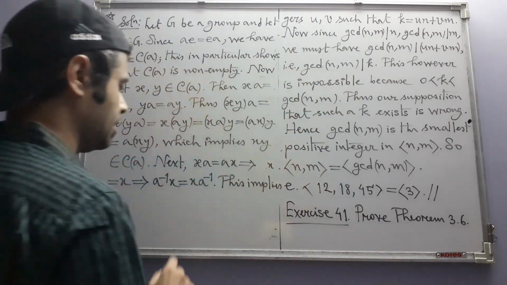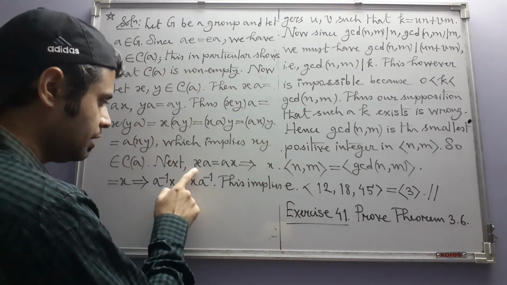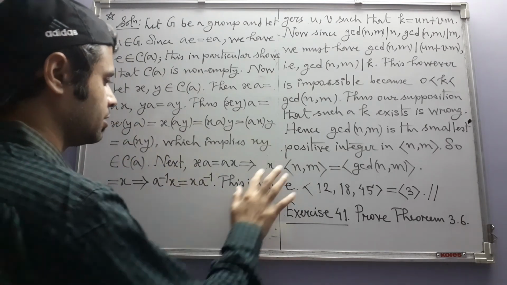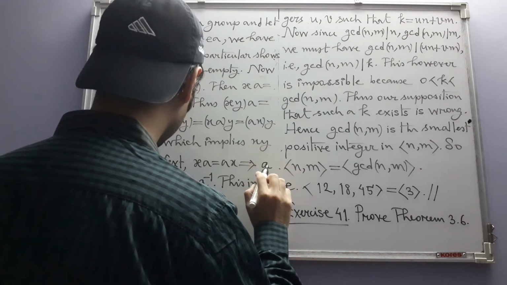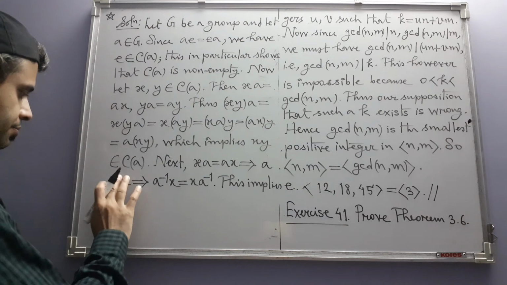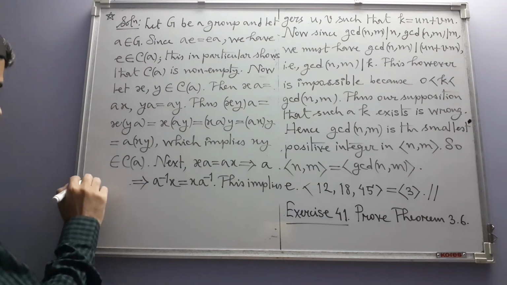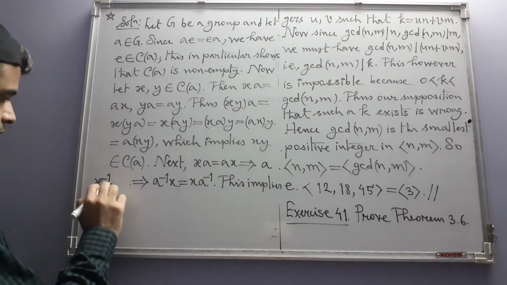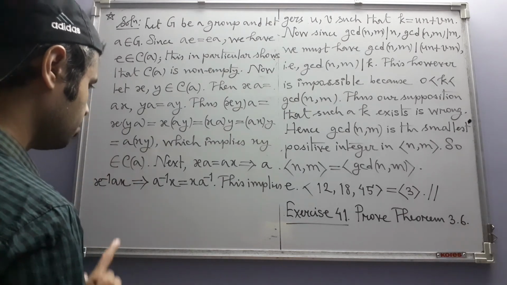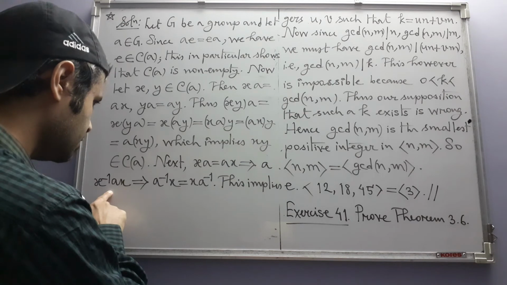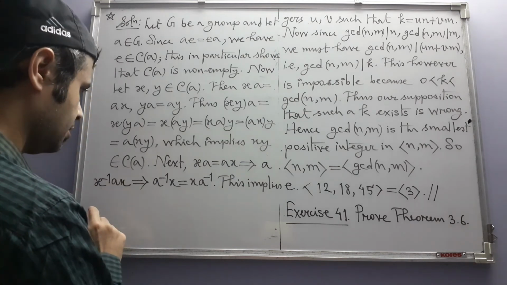Not A inverse. I should have pre-multiplied by X inverse. That would give me A equal to X inverse AX, and then post multiply both sides of this equation again by X inverse.